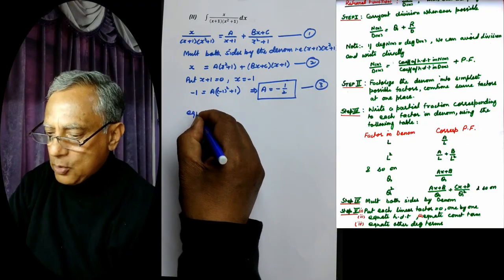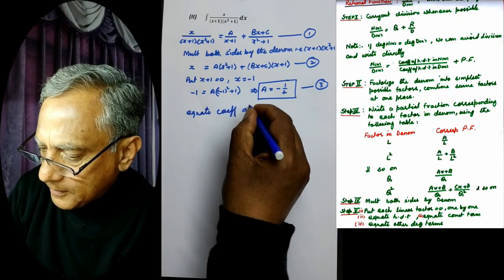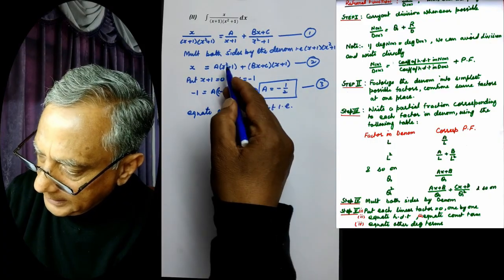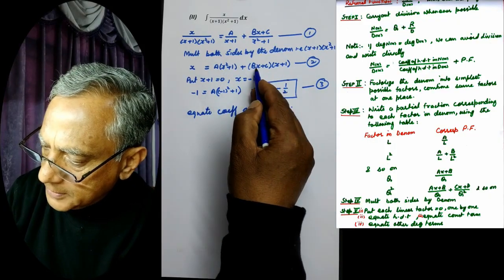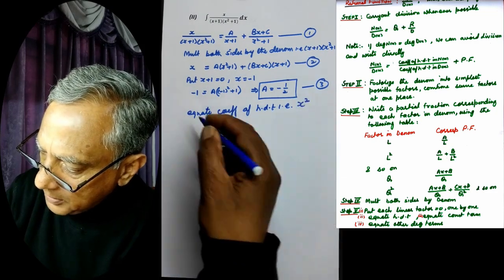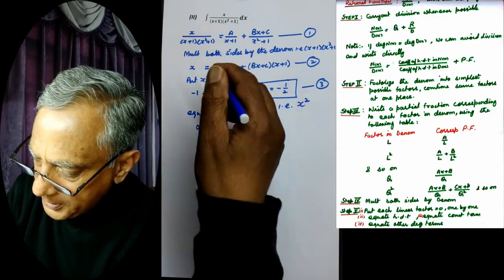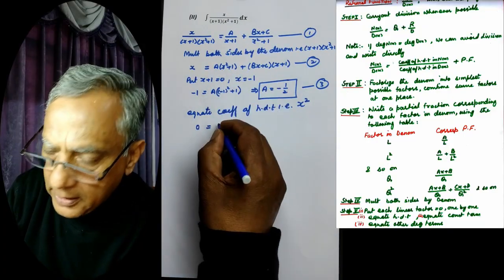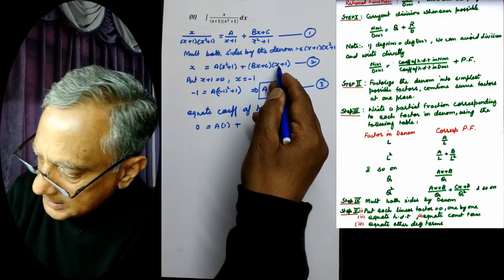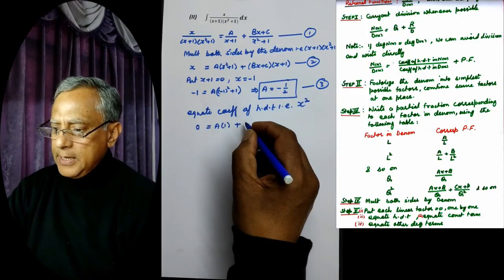Now there are no other linear terms, so we will equate coefficients of highest degree terms. The highest degree term in this bracket is x into x, which is x square. There is no term of x square here, so this will be 0. There will be a term of x square here, so this will be a into 1, plus linear into linear will again be a quadratic, so we will get a term of x square.